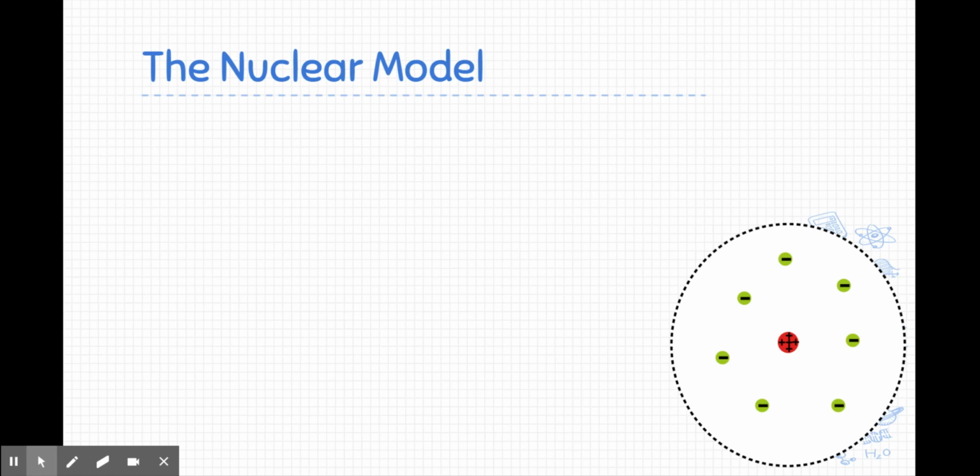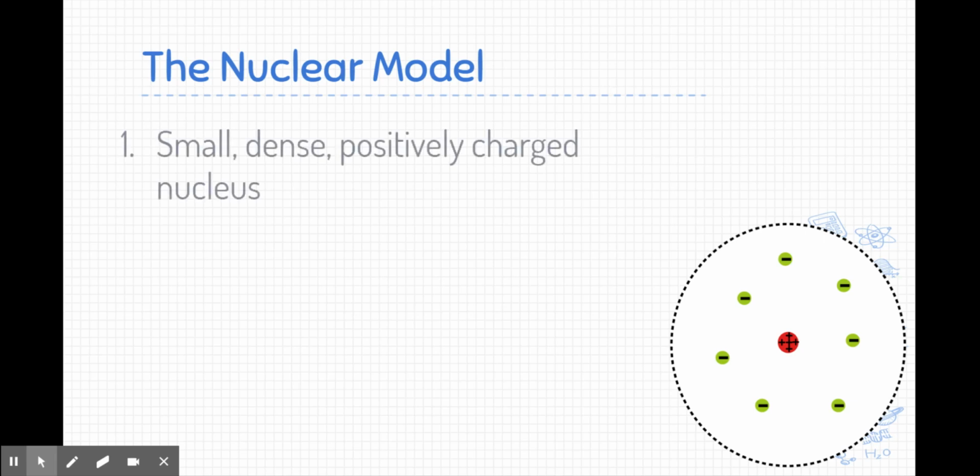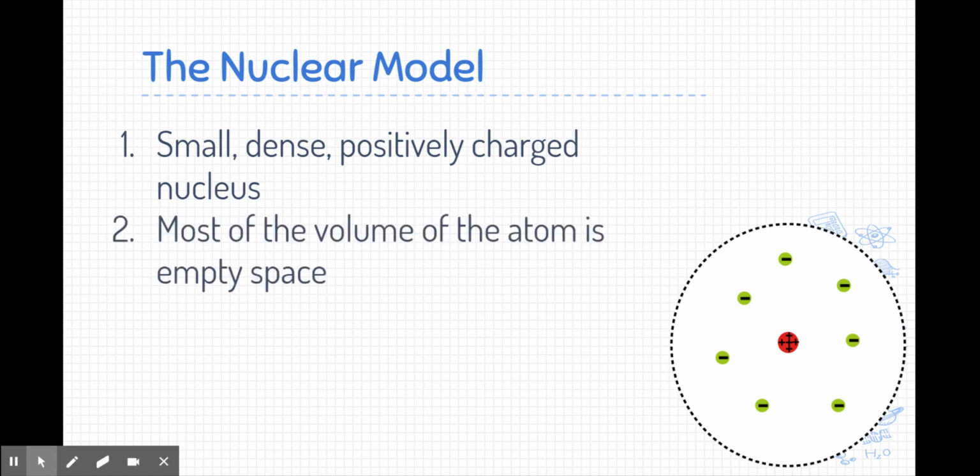From these conclusions, it forced Rutherford to derive a new model for what the atom looks like. And this is referred to as the nuclear model. The key features of the nuclear model: small, dense, positively charged nucleus. Most of the volume that an atom occupies is simply empty space.